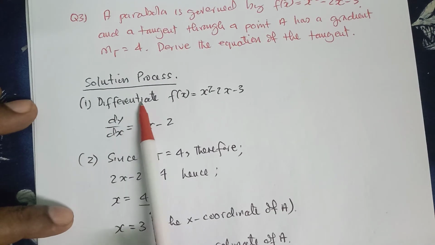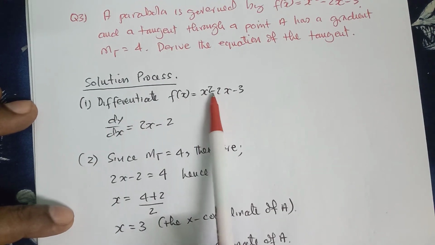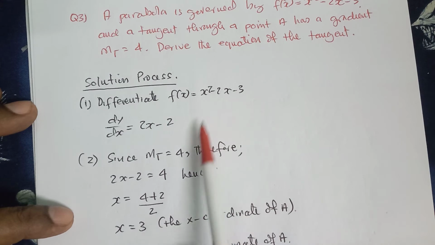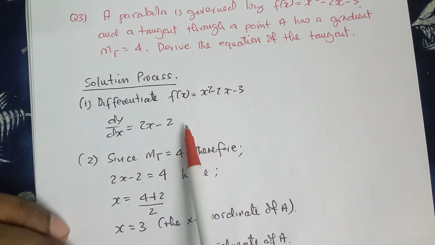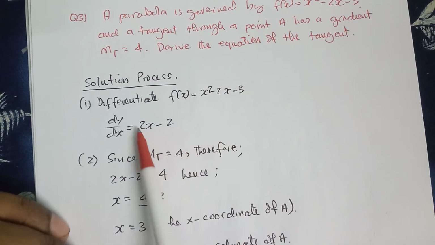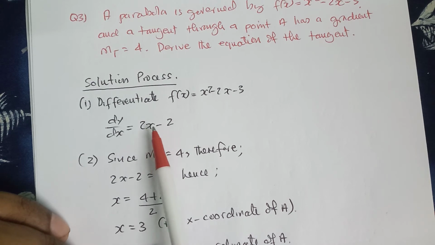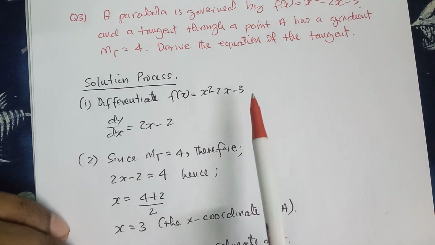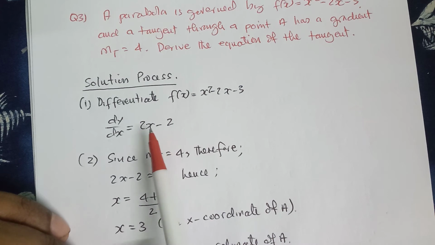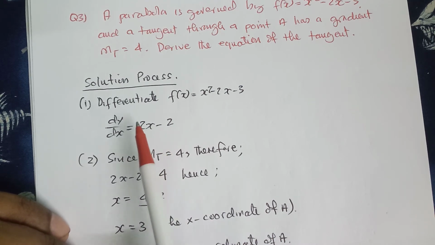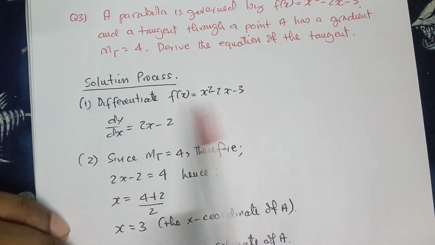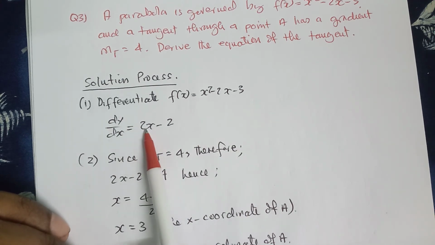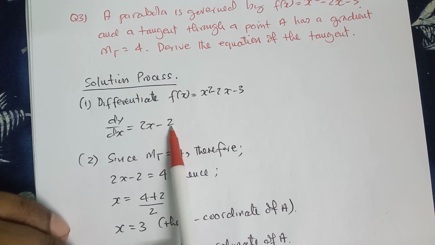First of all, we differentiate the function x squared minus 2x minus 3. Why do we differentiate the function? Basically because we need to find the x coordinate of the point A that, when substituted into the gradient function, will give us a slope of 4. Our gradient function is 2x minus 2.